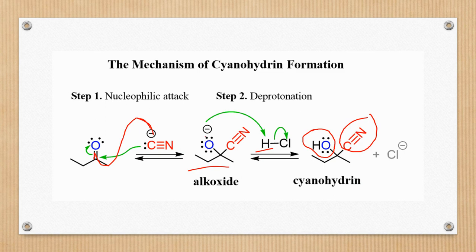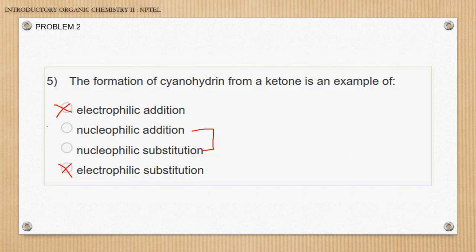There is no leaving group present and a quaternary carbon is getting formed, the cyanohydrin. That is why the cyanide is adding to the carbon, so it is a nucleophilic addition reaction, not a nucleophilic substitution reaction. So is it clear?